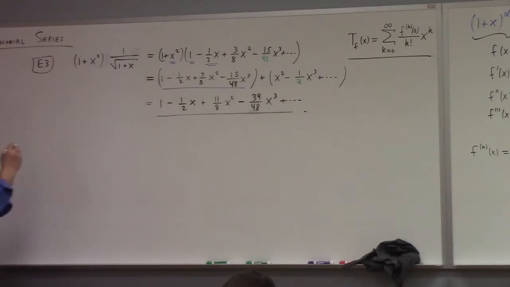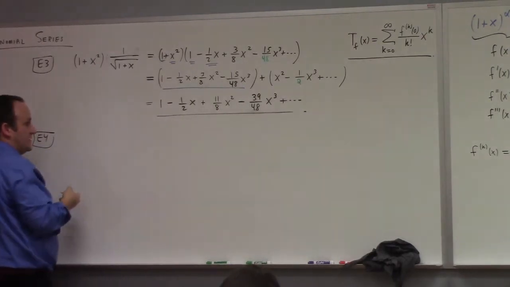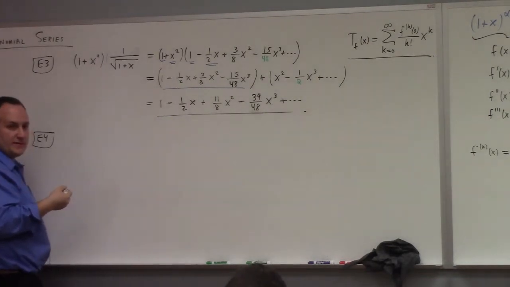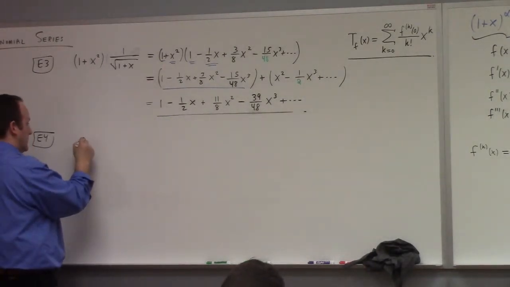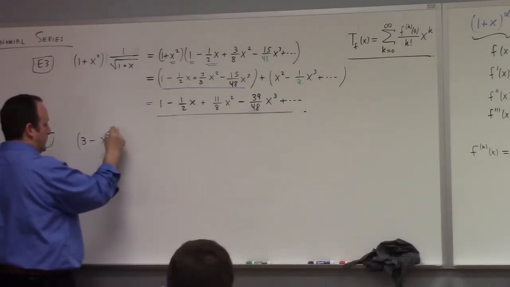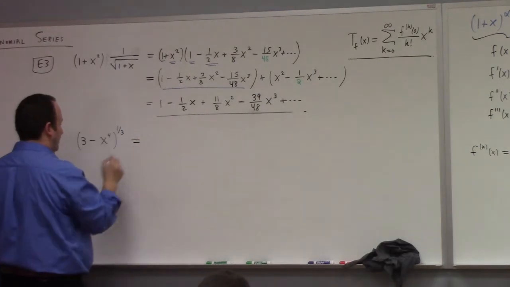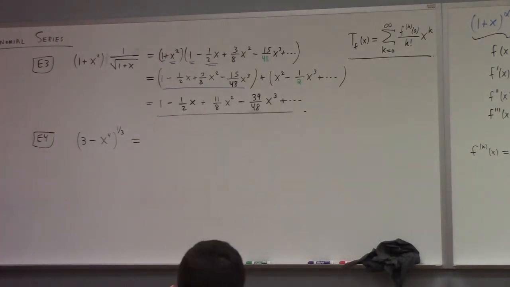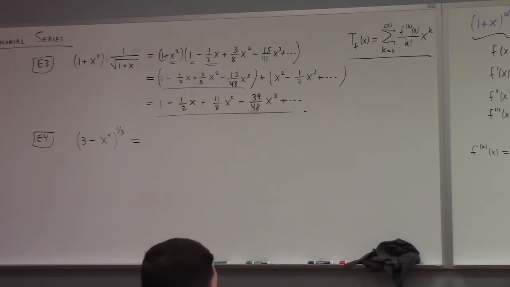Next example. Suppose you wanted to find the first 3 non-trivial terms in something like, I don't know, 3 minus x to the 4th to the 1/3 power. See, this one, I can't do binomial series right off, right? I need to change it so that it's in the form 1 plus something, right?